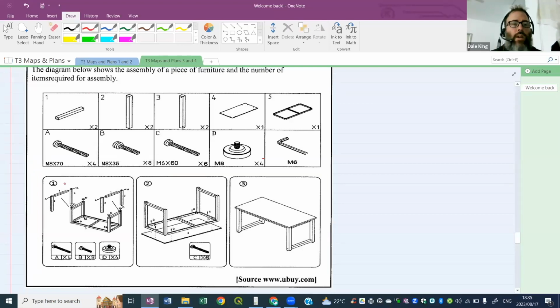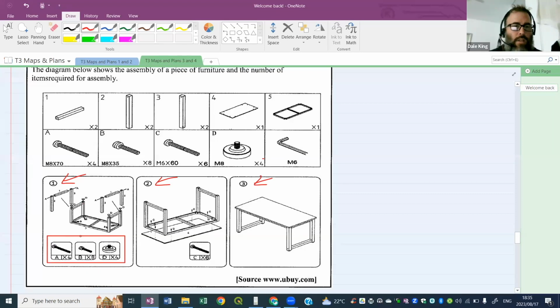So we got step 1, step 2, and step 3. Multiples of 2, multiples of 4, multiples of 8, etc. And in each step we also have these little diagrams here, which are telling you what parts you need for that step.